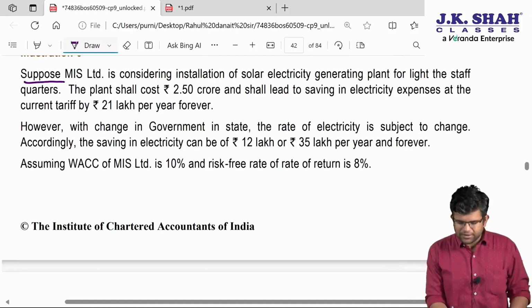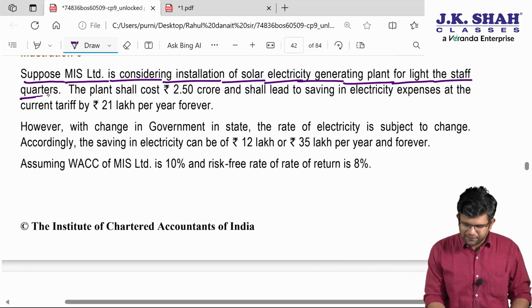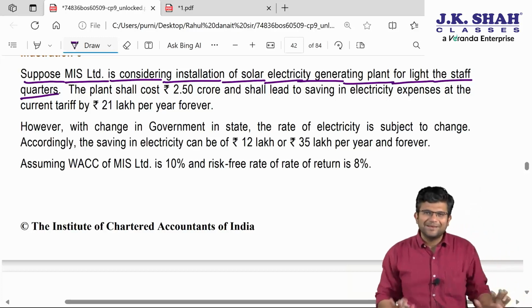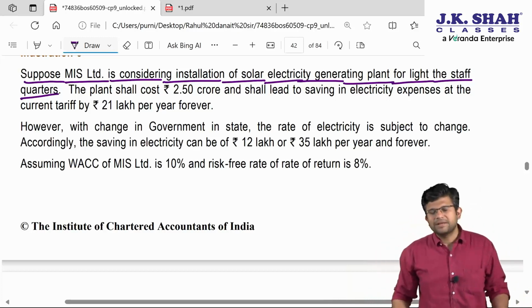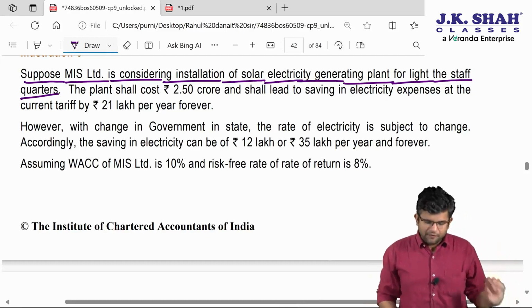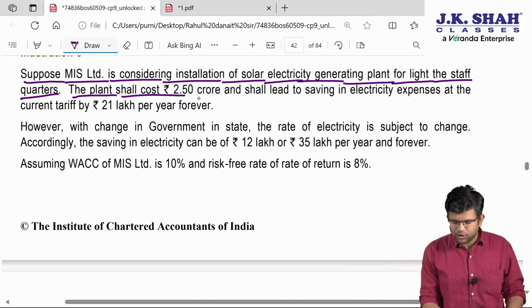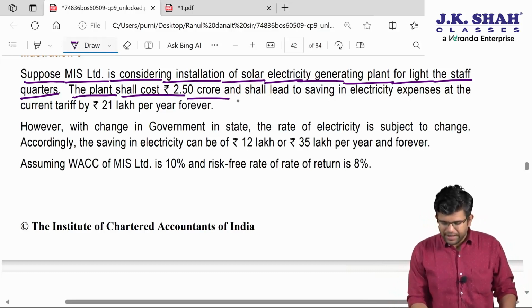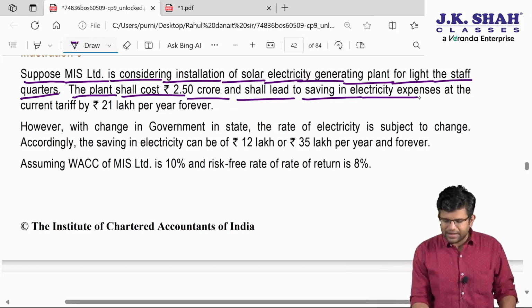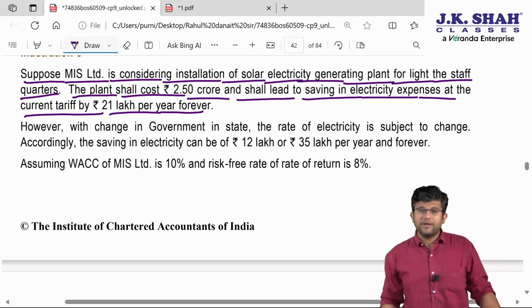They are saying, suppose MIS Limited is considering installation of solar electricity generating plant for light the staff quarters. This basically means that this company is considering installation of a solar electricity generating plant for lighting the staff quarters. The plant shall cost 2.5 crores today and shall lead to a saving in electricity expenses by 21 lakh per year forever.